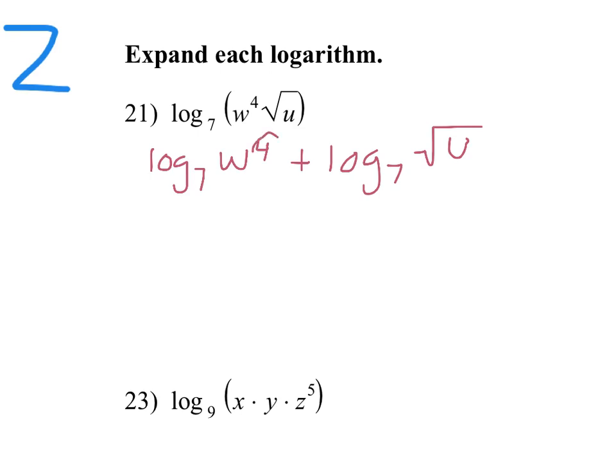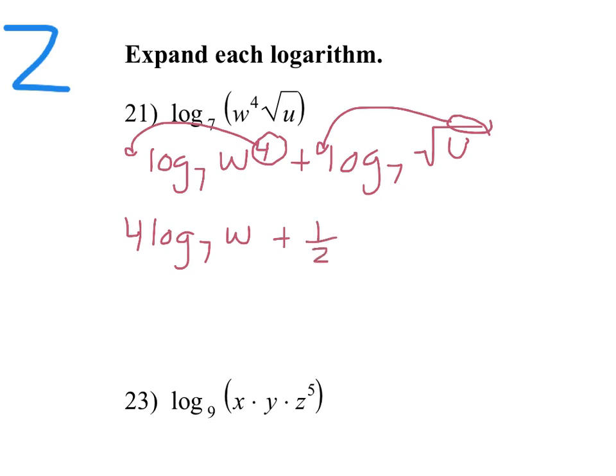So now we're going to move our exponents to the front. So we have 4 log base 7 of w plus this square root is the same thing as saying raised to the 1/2, so we're going to bring a 1/2 to the front times log base 7 of u. Any questions here?